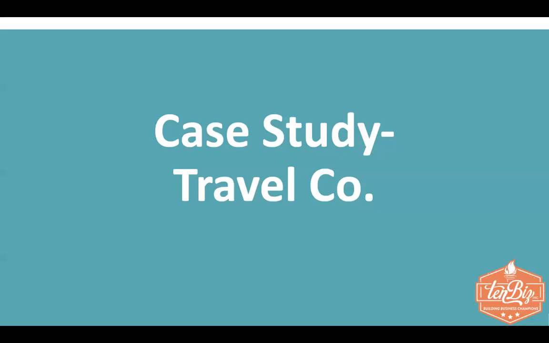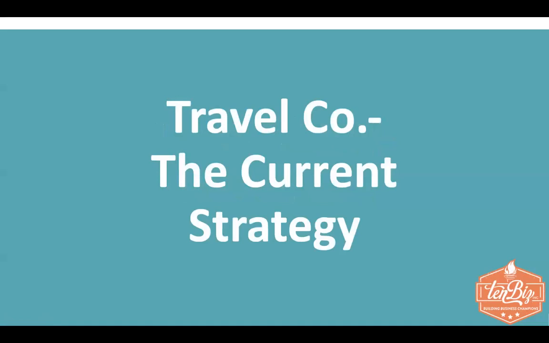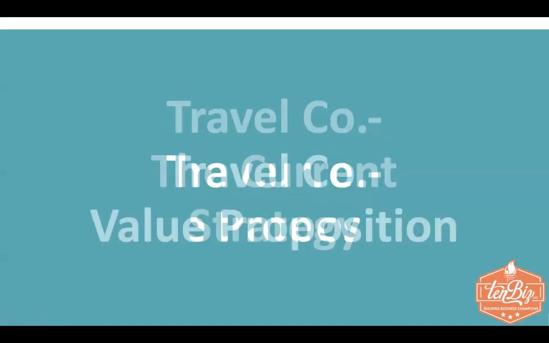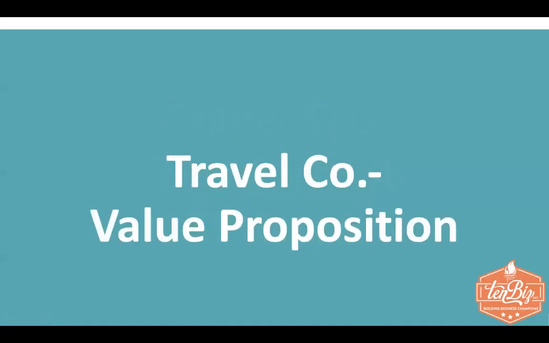So let's look at the different areas of the business model canvas. And the reason we're doing this is just to give you a basic idea of what it looks like for a company to go through this. So we talked about their current strategy. Let's talk about their value proposition.